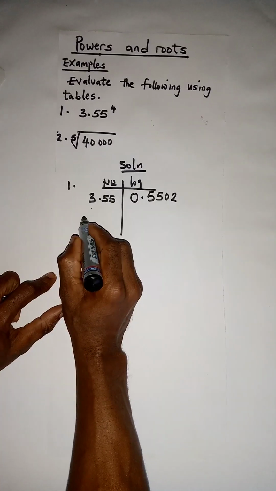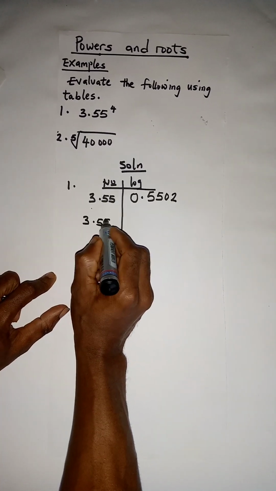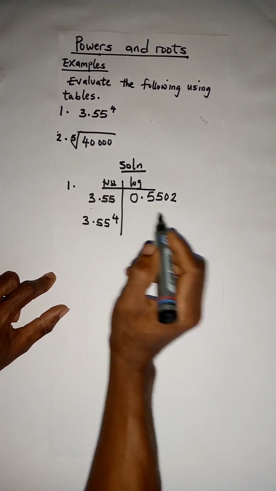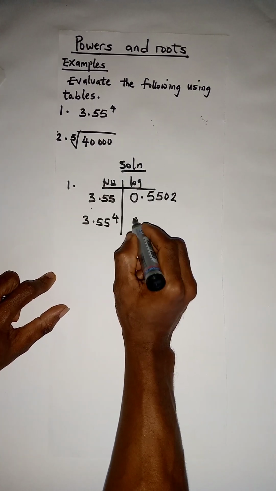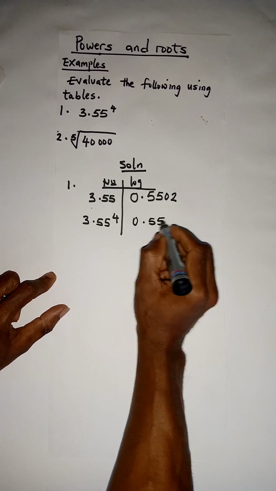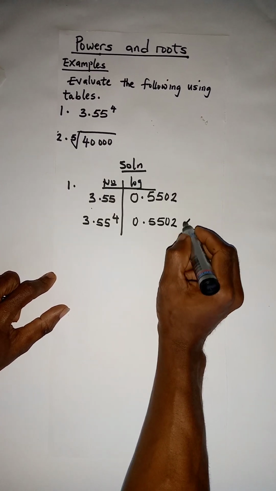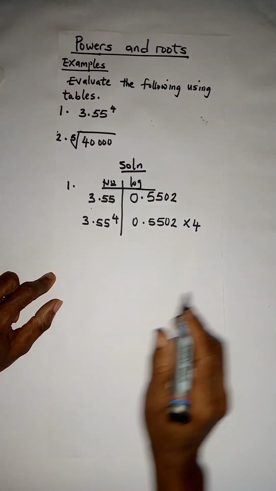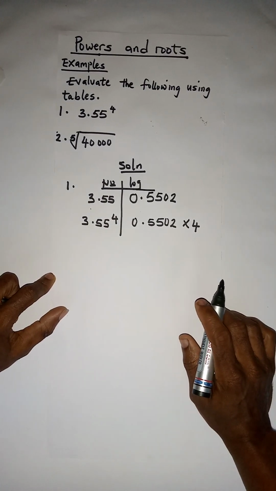So therefore, this can also be written as 3.55 raised to the power of 4, which will give us 0.5502 times 4, which is the power that is given.